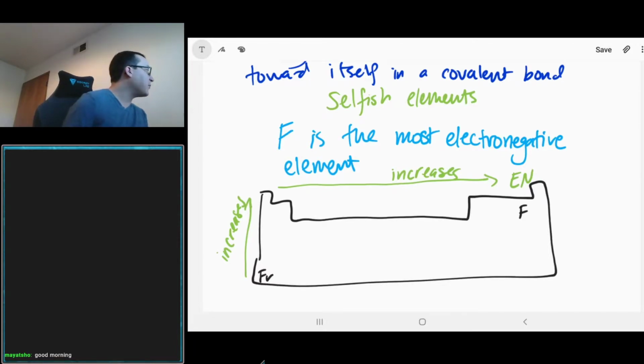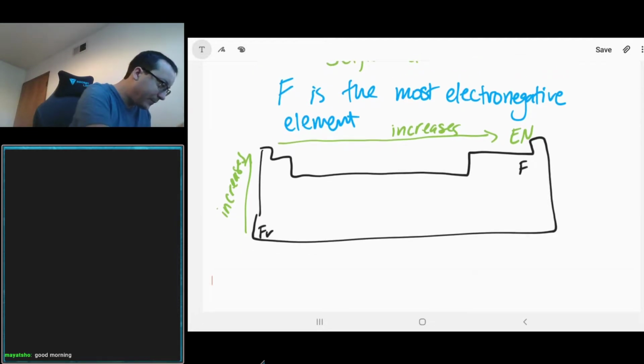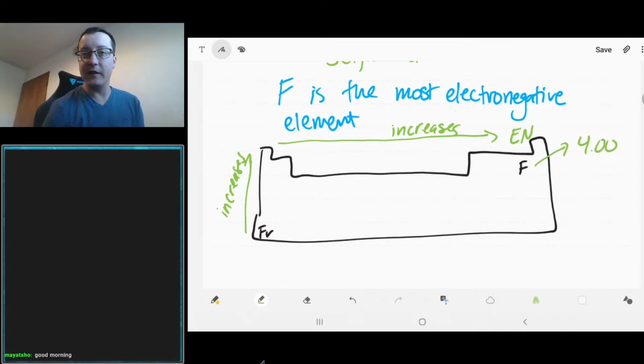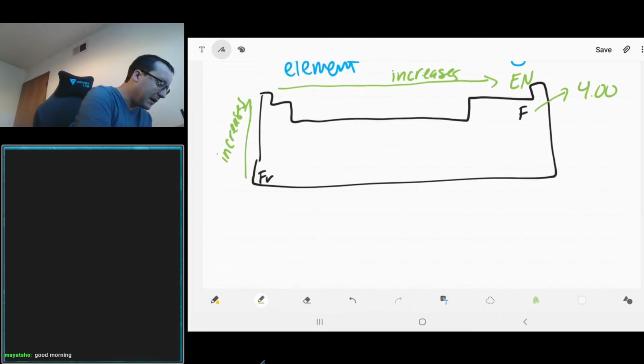So you're going to see that we have essentially values ranging from, fluorine is usually described at about 4. These are not numbers you will need to memorize whatsoever at all. And francium is not even on this table, but it would be less than 0.82.